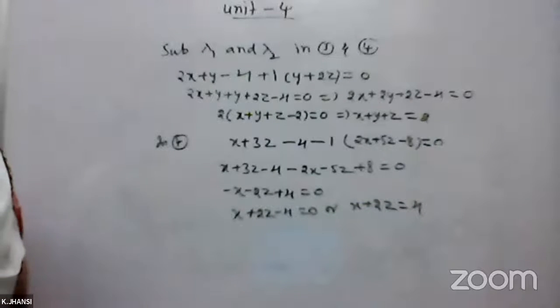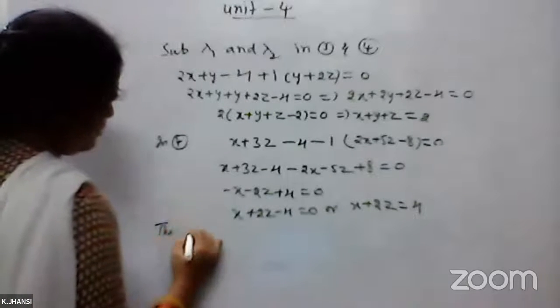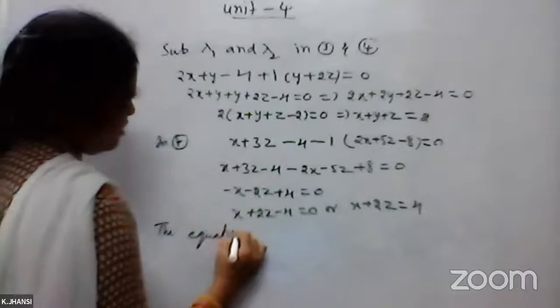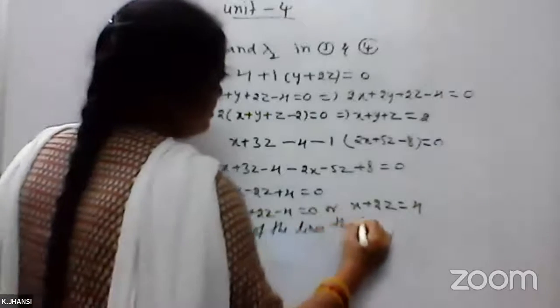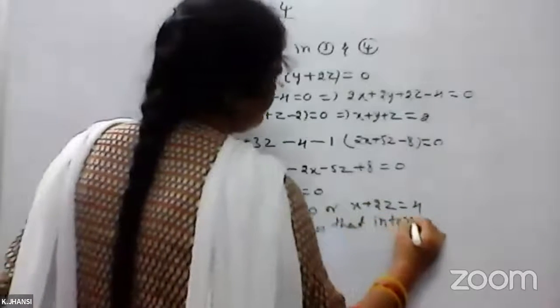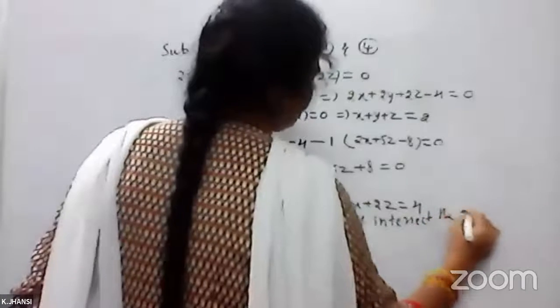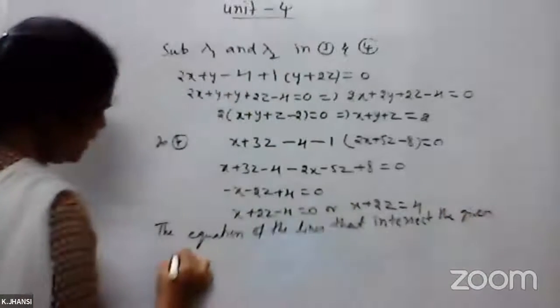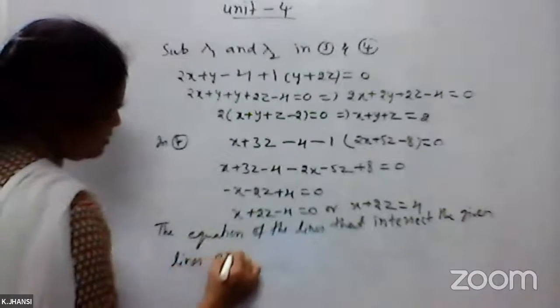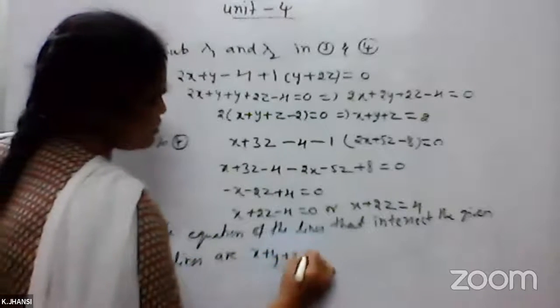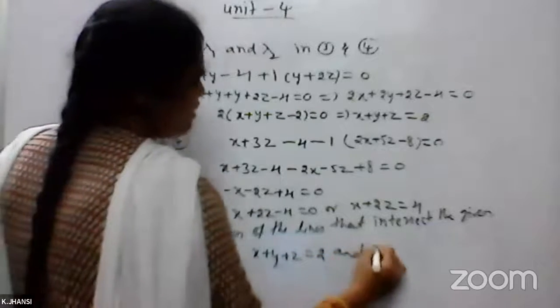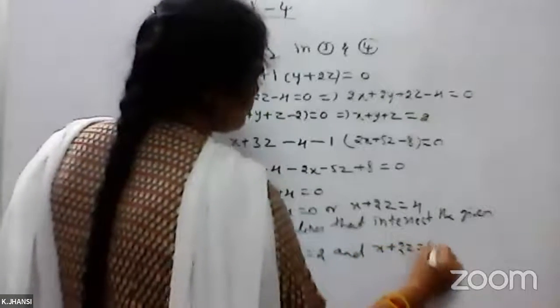So at last you can write the equations of the line that intersects the given lines. The equations of the line that intersects the given lines are x plus y plus z equals 2 and x plus 2z equals 4.